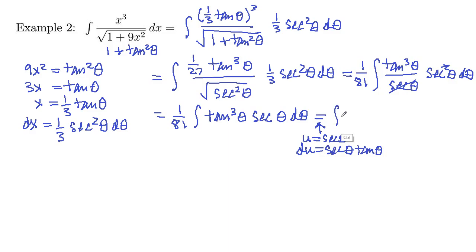We need our 1/81 out in front. So we break off a secant tangent, and we'll have a tan squared theta left over. So tan squared theta, secant theta tan theta d theta.